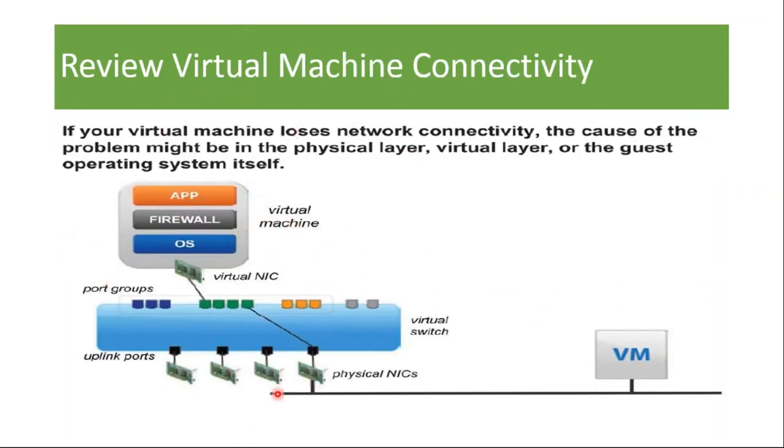First we have to understand how your virtual machine connects to the virtual network. You will have the physical NICs on your ESXi host, and you will have the virtual switch. Your virtual switch connects to your physical NICs, and your virtual NICs are configured on various port groups. One of the port groups is the VM port group, specifically for your virtual machine network transmission.